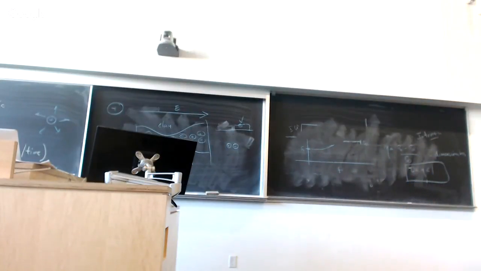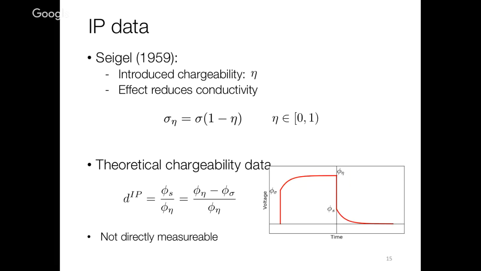So effectively, a chargeable material has an end conductivity that is perturbed from the original conductivity by this chargeability eta, where this was that intrinsic value. And then here was the definition of an IP datum, which is the difference between these two values divided by this value. So that's not directly measurable.